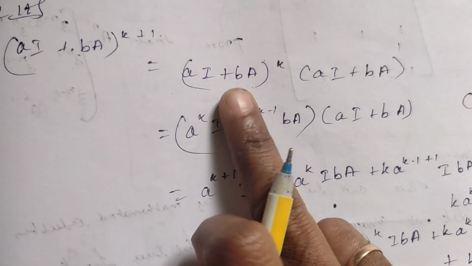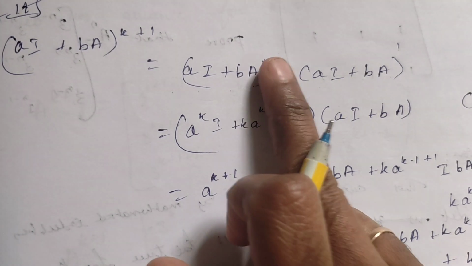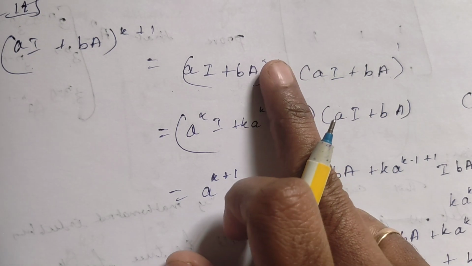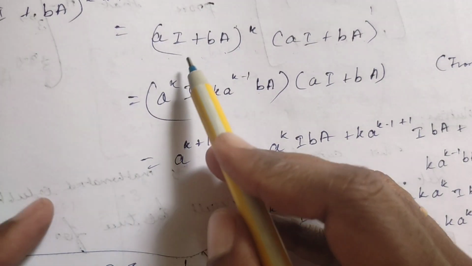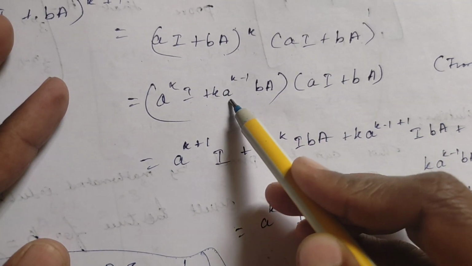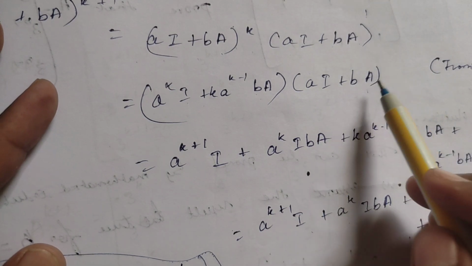We have assumed that the result (aI + bA)^k is true for n equal to k. So substitute that: a^k I plus k a^(k-1) bA, and keep the other factor as it is.